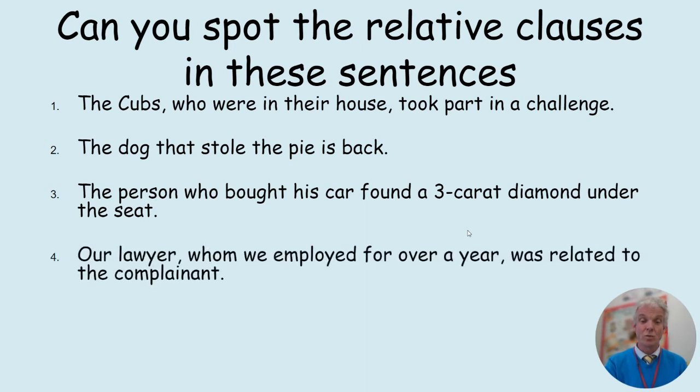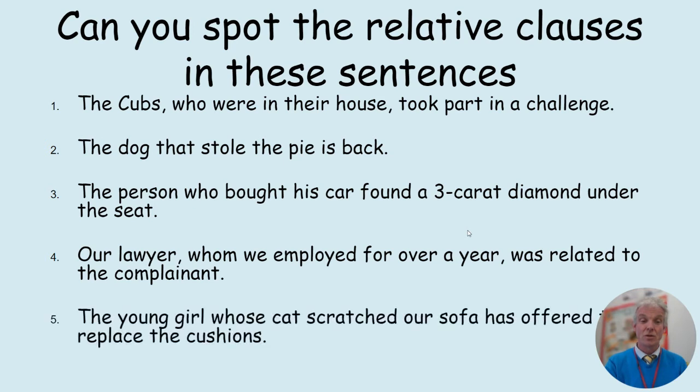Our lawyer, whom we employed for over a year, was related to the complainant. And the young girl whose cat scratched our sofa offered to replace the cushions. Just pause those while you try and spot the relative clauses. And when you think you found them all, start the video again and we'll double check.